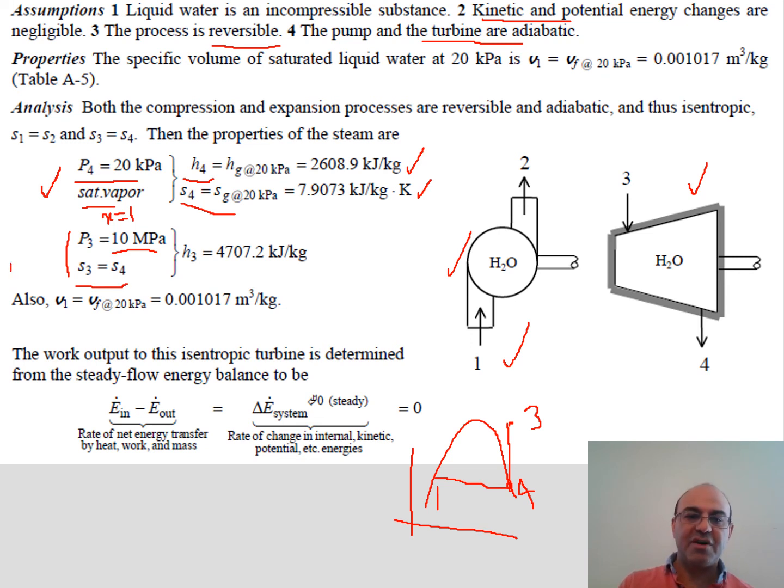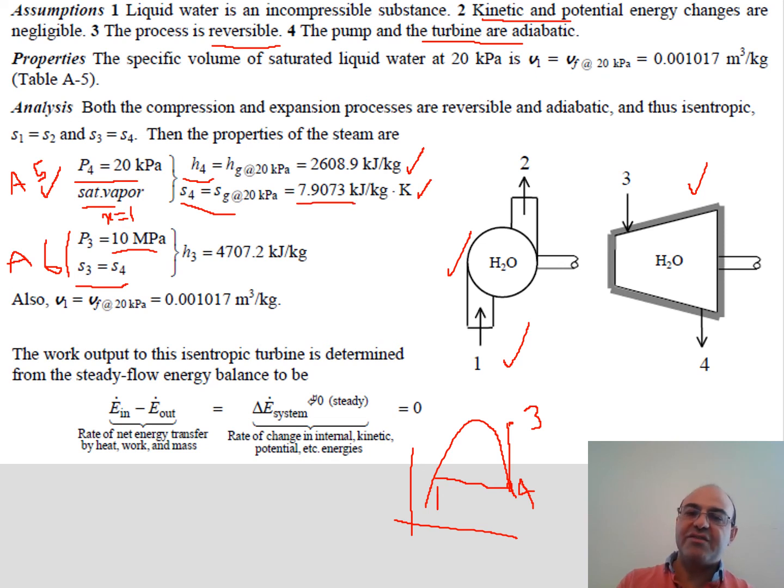So this comes from table A6, and you must mention it, and this comes from table A5, the pressure table, saturated water pressure table. So with this 10 megapascals, you need to go to the 10 megapascal section and then look for this entropy S3 equal to S4 equal to 7.9.